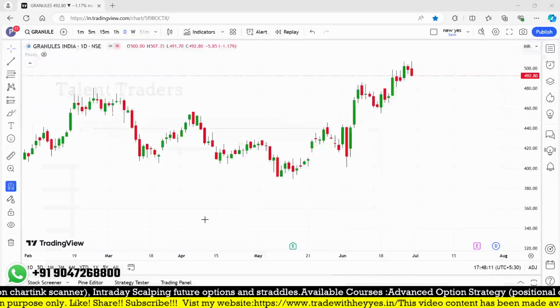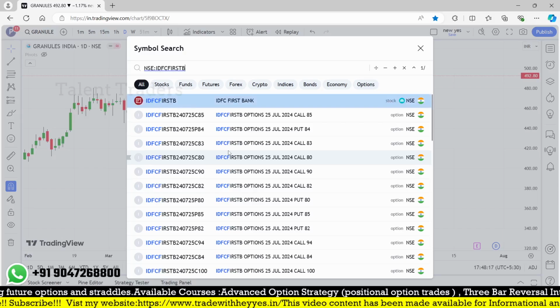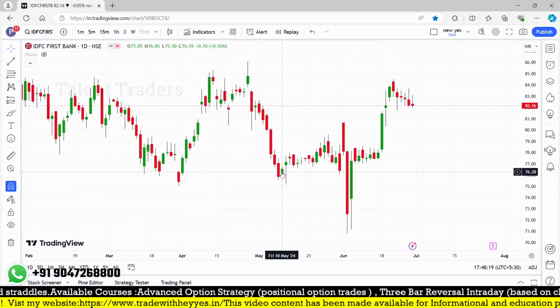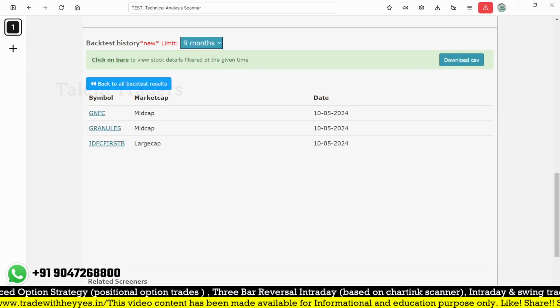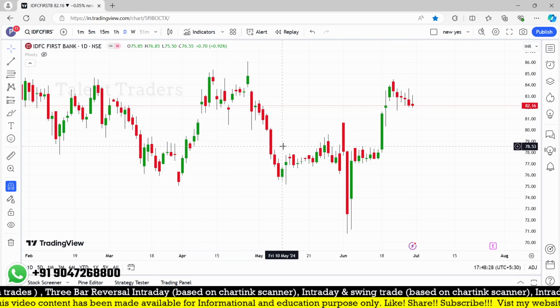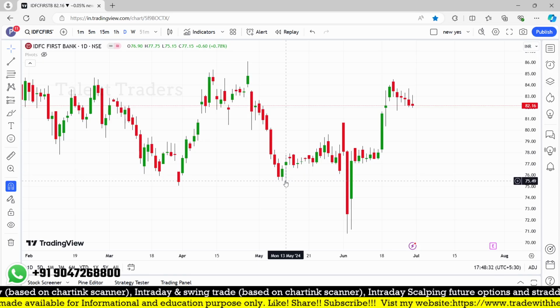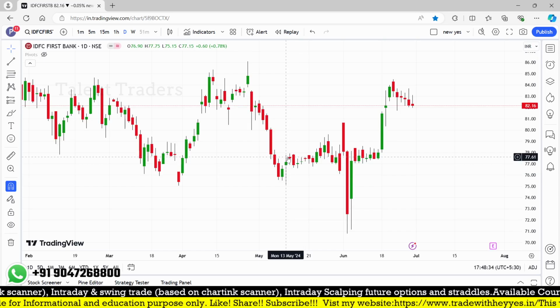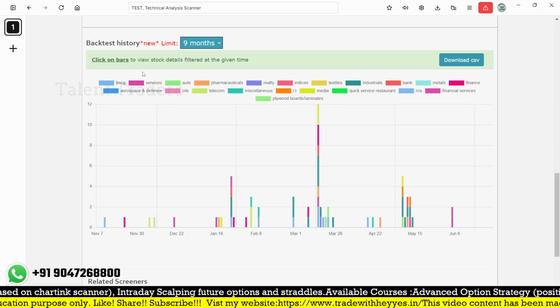And IDFC First Bank. So let me go for IDFC First Bank. What should be an opportunity here? Sorry, that would be on the day of 10/5. Yeah, here is the thing. Where we take an opportunity on the entry day, the next day triggered our stop loss. So this will also be a stop loss trade. Okay, no problem.